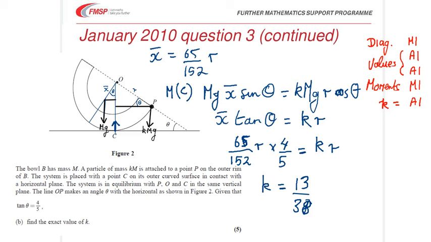For taking moments, you get a method mark, and for finding the correct value of k. So basically 2 method marks, 3 accuracy marks. The method marks were for the diagram and finding the distances, and for the moments, and the accuracy marks were for basically getting the right values in the right place and finding the right final answer. Okay, thank you for listening.